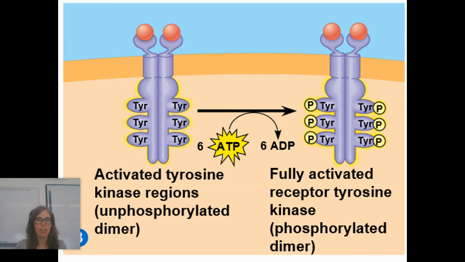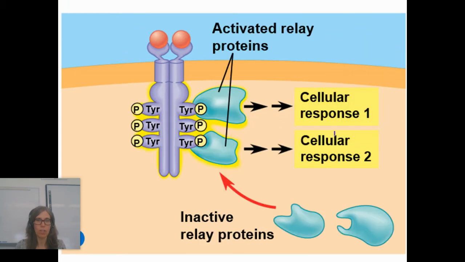So once they're activated, you're going to need 6 ATPs to phosphorylate each of the tyrosines. So the fully activated receptor tyrosine kinase is completely phosphorylated. It's got those 6 phosphate groups on them. Once it's activated, then it can go ahead and phosphorylate other molecules. So this one is phosphorylating this molecule, this one is phosphorylating that molecule.